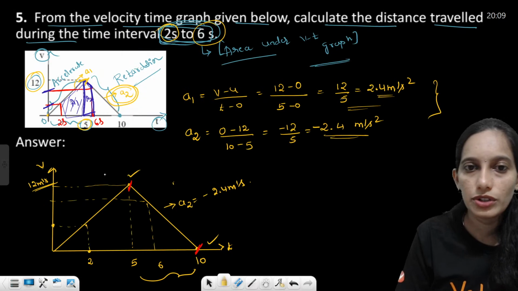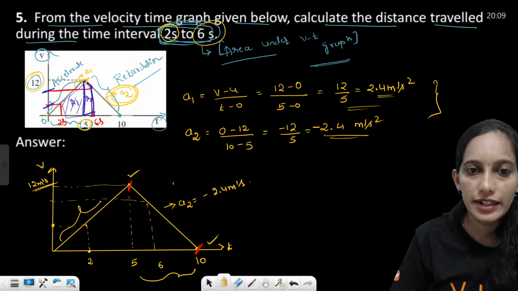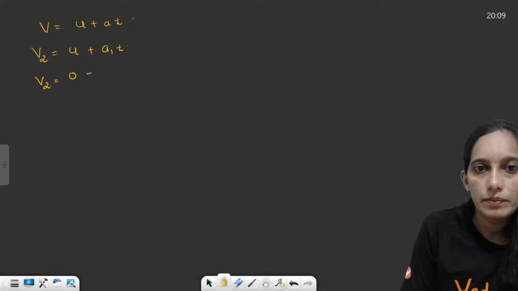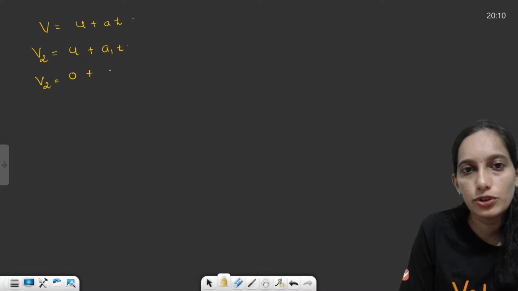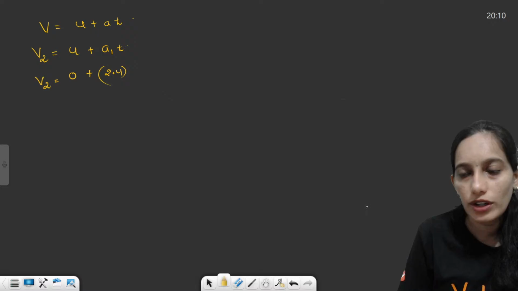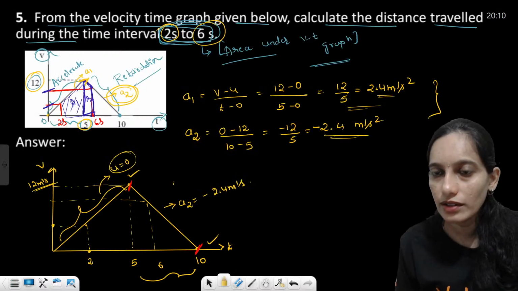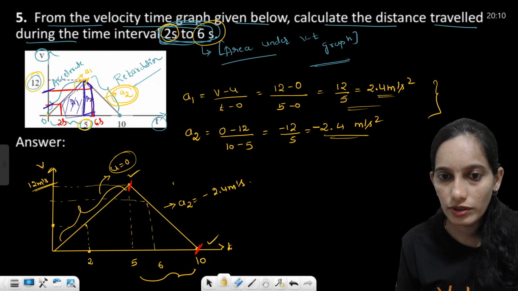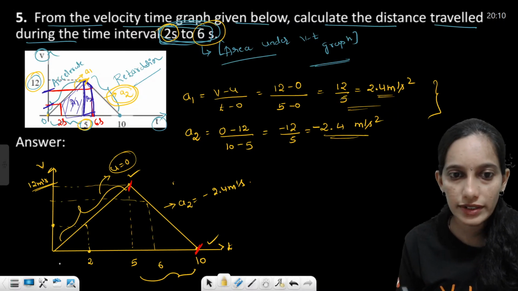So please note down, for this accelerated motion u is 0. Okay, so u 0 plus a1, how much did we get? We got 2.4, right? Yes, 12 by 5, that is 2.4. Into t, how much is t?